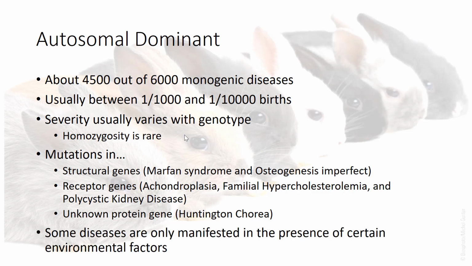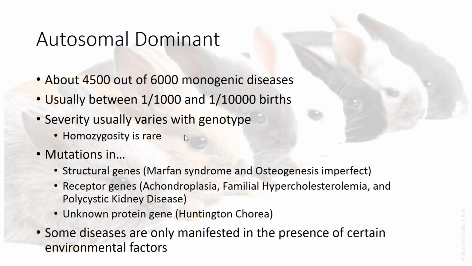And one last point I want to make is this. Many of these diseases with an autosomal dominant inheritance pattern are only manifested in the presence of certain environmental factors.